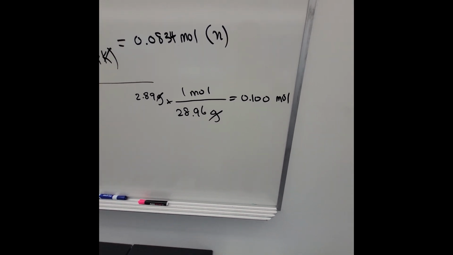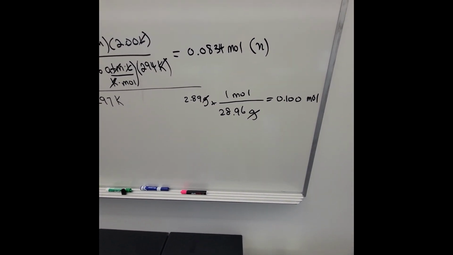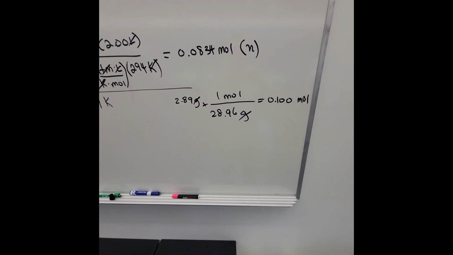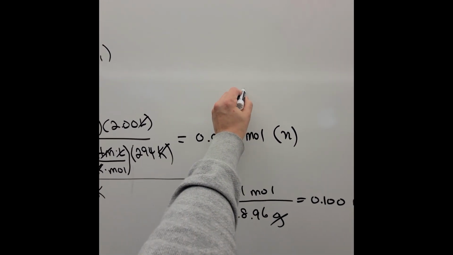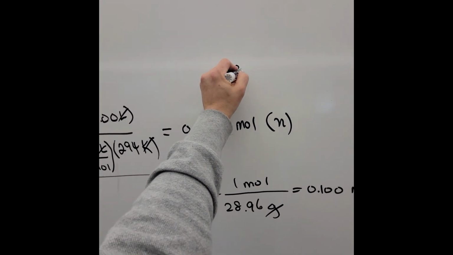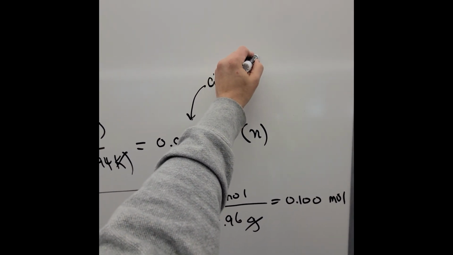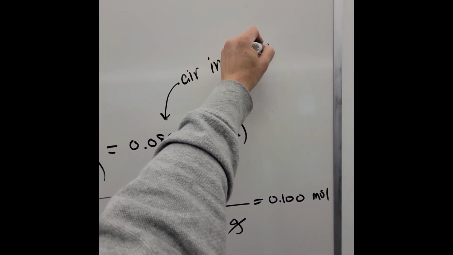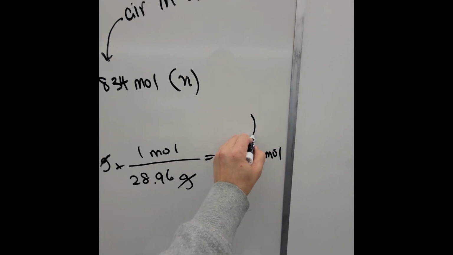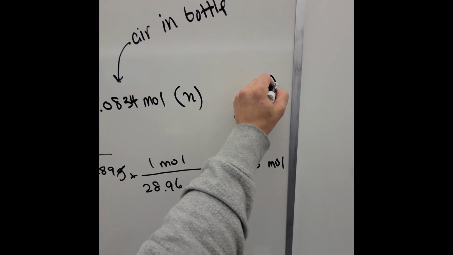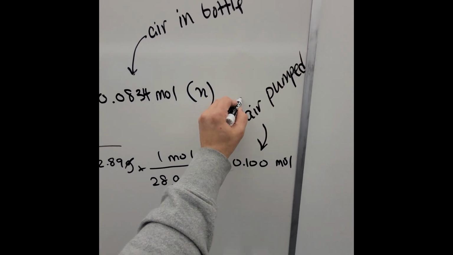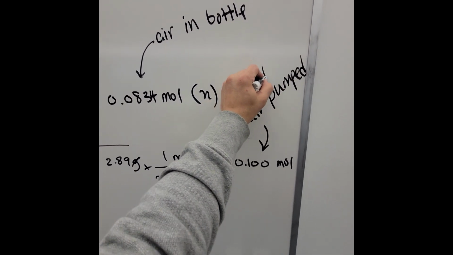Now, that's not the amount of air in our bottle. That's the amount of air I pumped in. There's still air in our bottle. This is the air in the bottle. This here is the added air pumped.